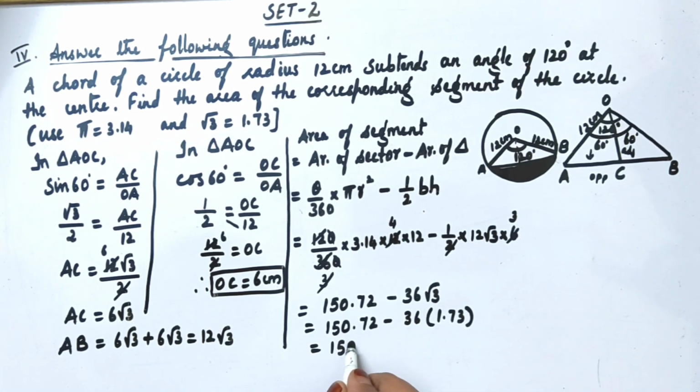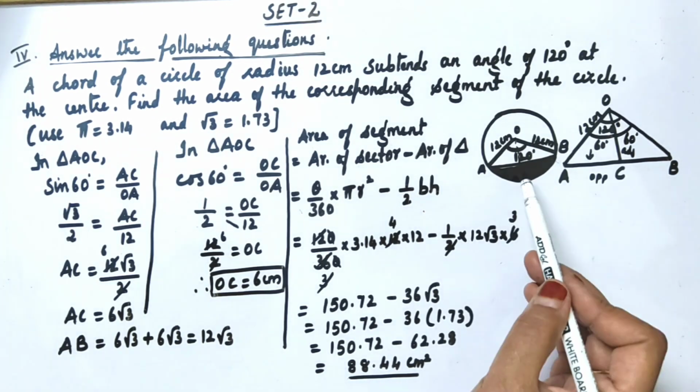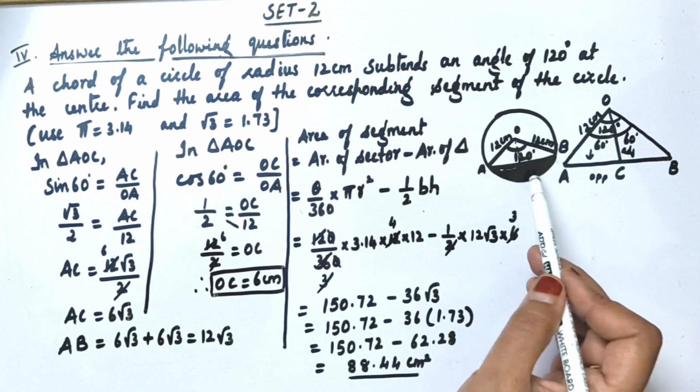Equals 150.72 minus, when you multiply these two, I am going to get 62.28. Then subtracting, I get 88.44 centimeters square. So this is the area of the segment.